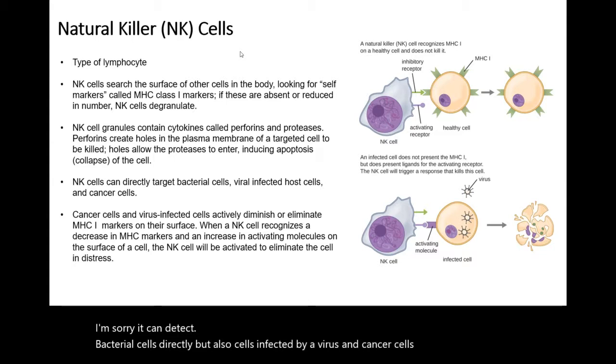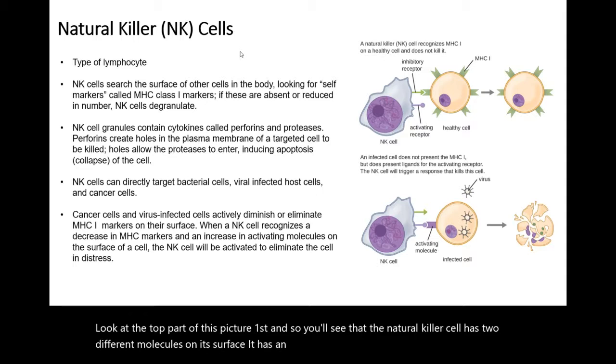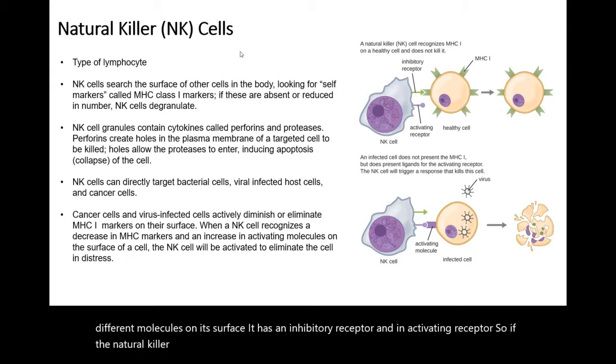Okay, so look at the top part of this picture first. You'll see that the natural killer cell has two different molecules on its surface. It has an inhibitory receptor and an activating receptor. So if the natural killer cell comes upon a self cell that has the MHC1 molecules, that means it's healthy.